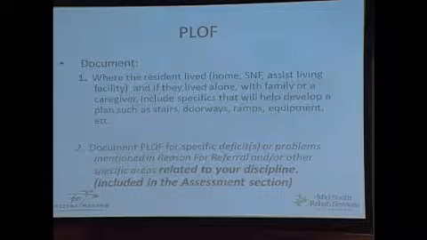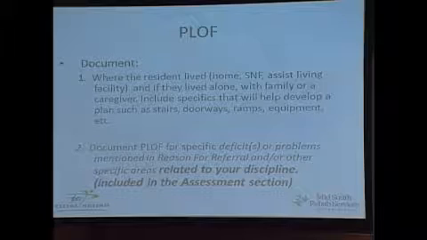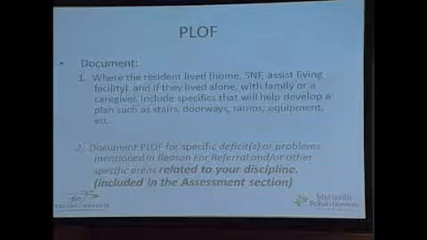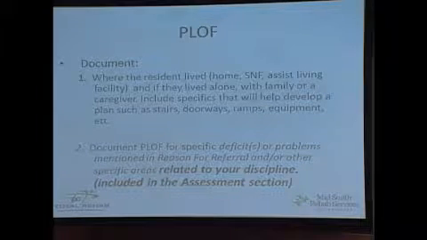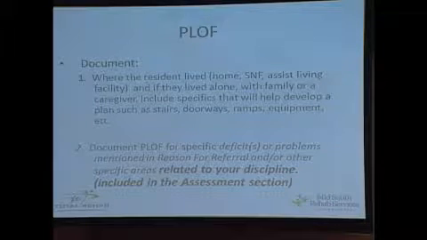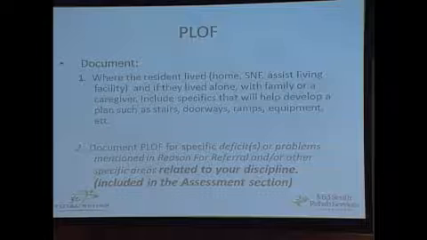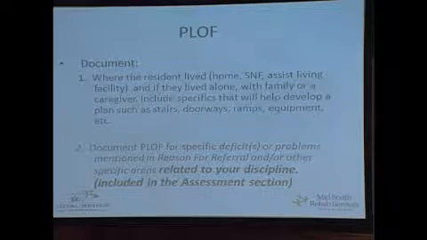You should document the prior level of function for the problems that you mentioned in the reason for referral. So in the reason for referral, if you said that the patient required moderate assist for bed mobility and transfers, those two things you have to mention in the prior level of function, and any other things that you want to mention related to your discipline.